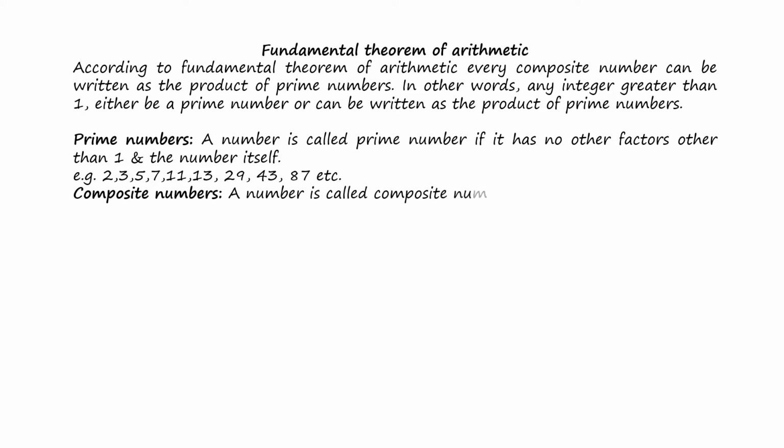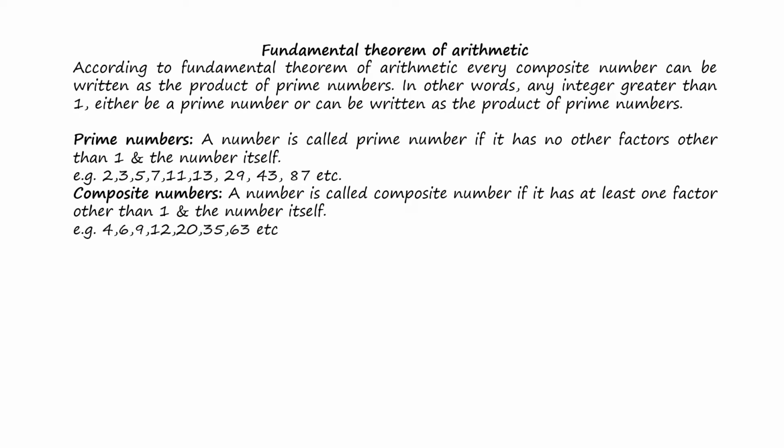Composite numbers. A number is called composite if it has at least one factor other than 1 and the number itself. For example, 4, 6, 9, 12, 20, 35, 63, etc. See, in all these cases, 4 can be divided by 2.